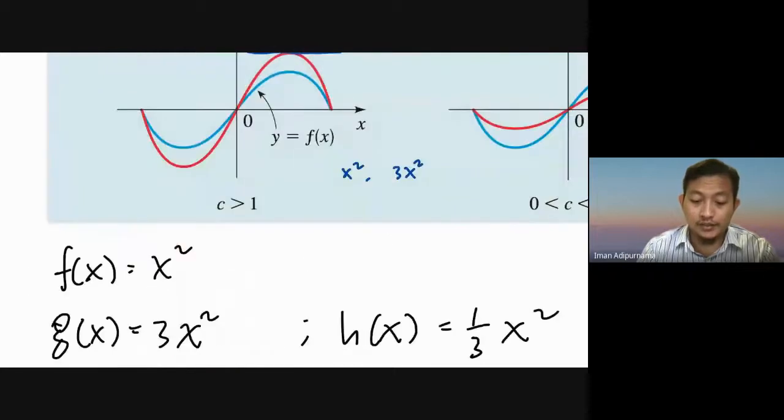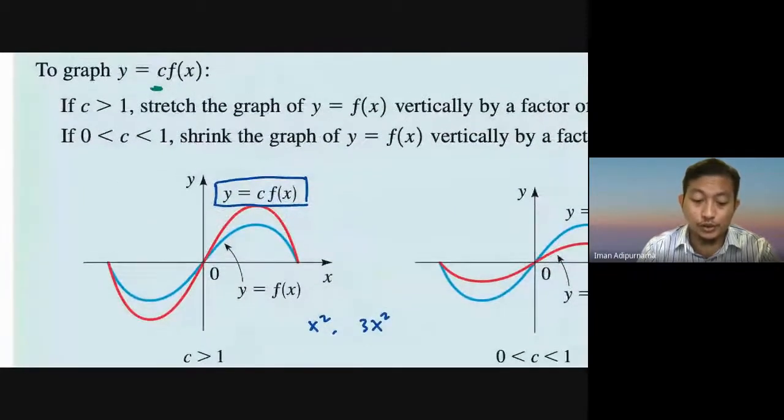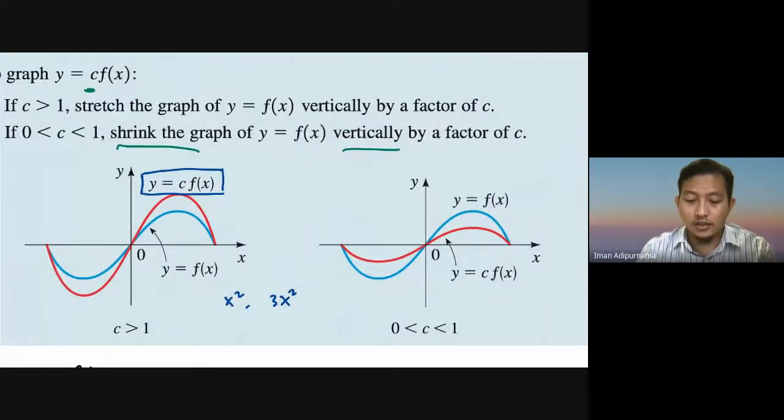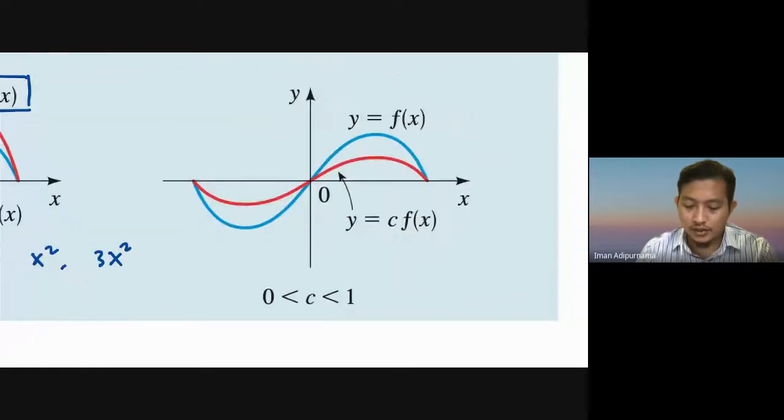And if you want to shrink the graph vertically, we can write the c here to be in between 0 and 1. So maybe a half, right?